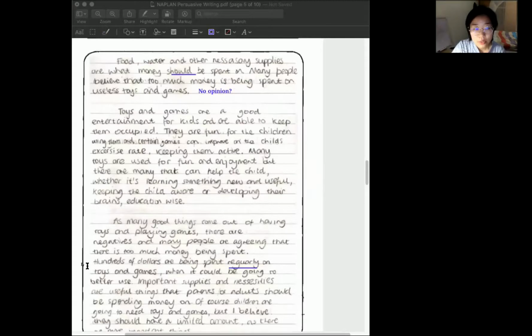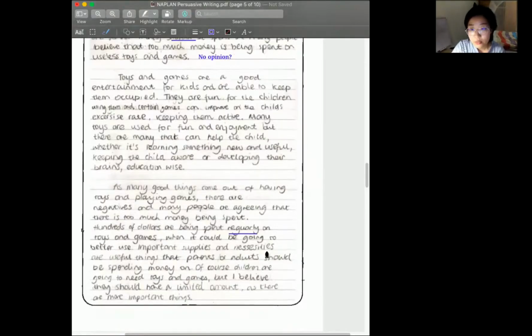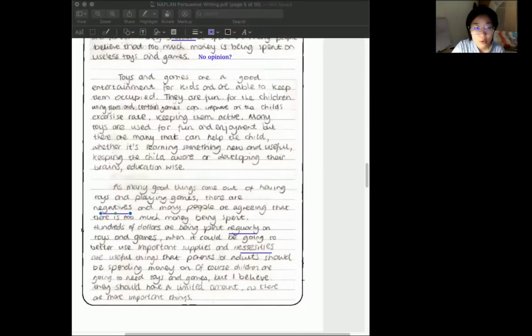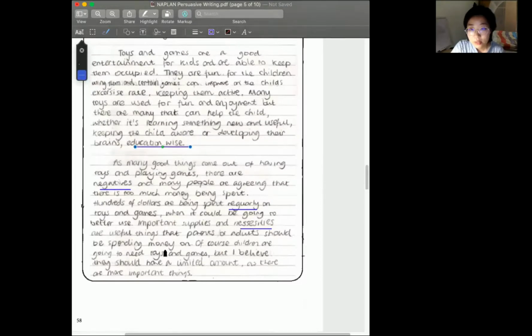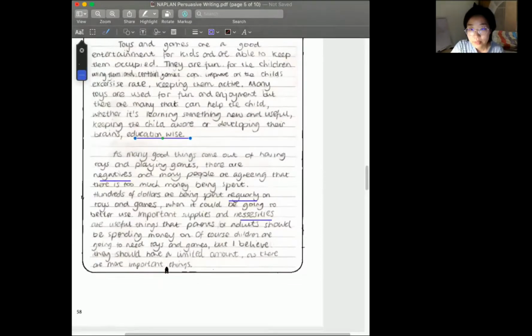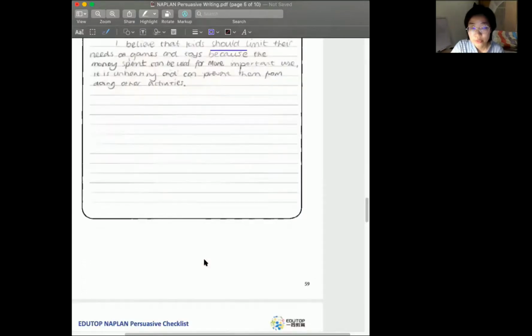And we also have necessities over here. So they are all precise words. For other precise word groups, we have necessary supplies, exercise rate, developing their brains education-wise, limited amount. Right, these are just some examples for you to think about.